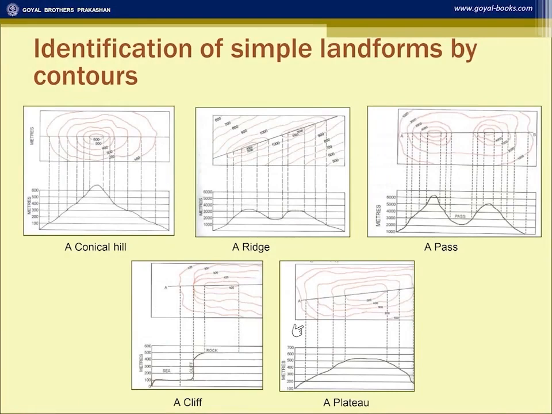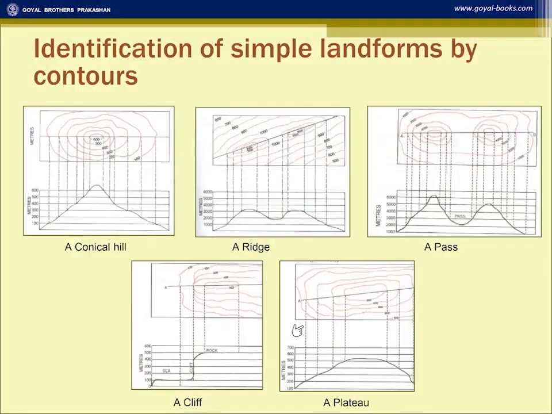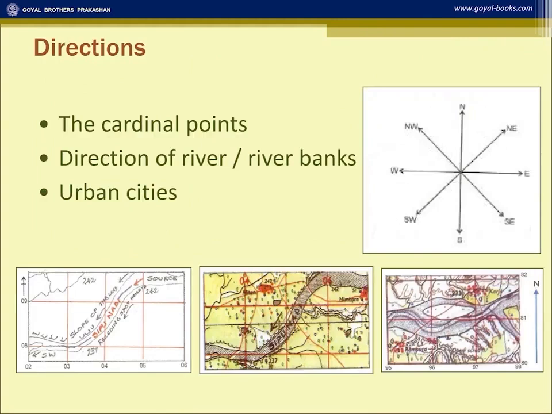Here you can see a plateau. A plateau is having a less height, say about 300 to 400 meters, and it is showing a flat land on top. This is called a plateau. The contour lines are shown in oval shape, showing the formation of a plateau.